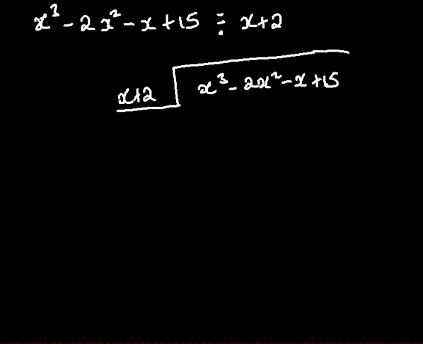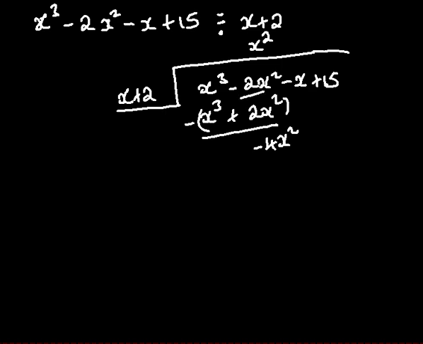Using the long division method, x into x cubed is x squared. x squared times x is x cubed, and x squared times 2 is 2x squared. Subtracting, we have negative 4x squared, and we drop down the negative x.